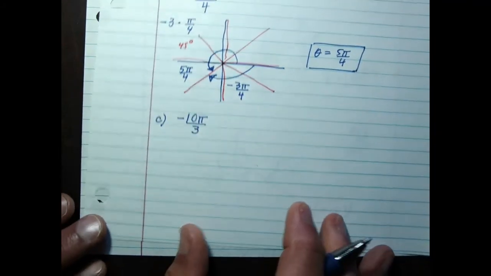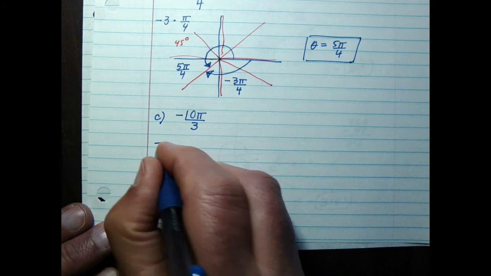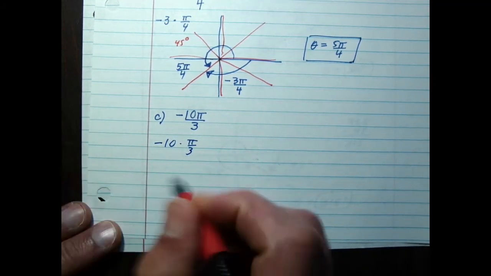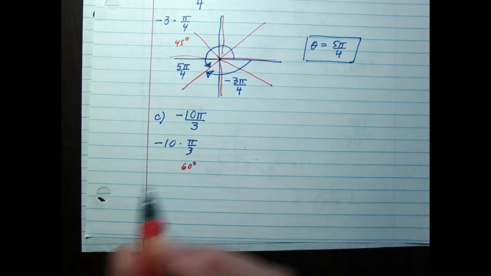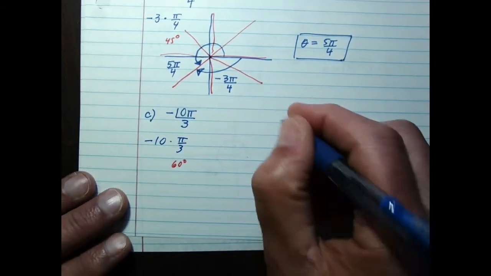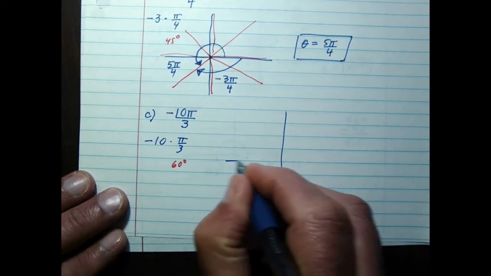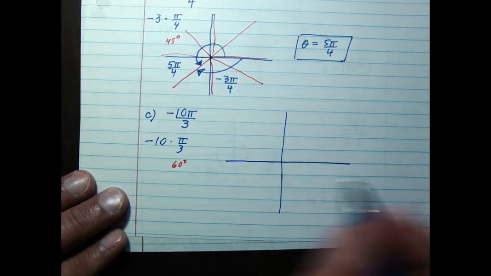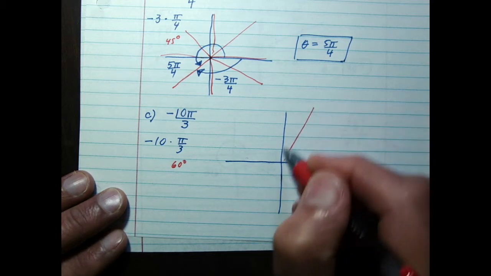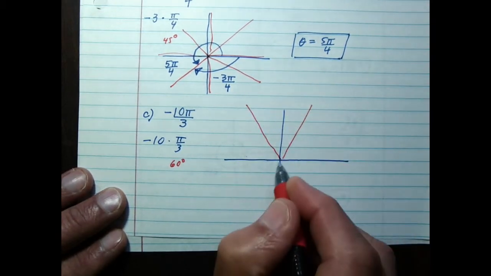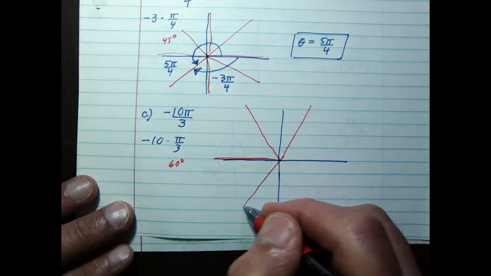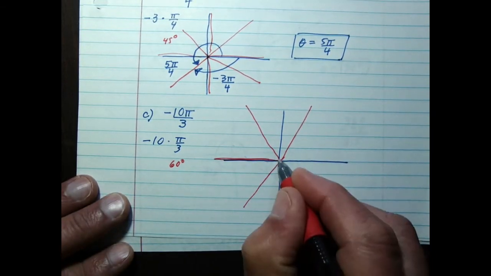Negative 10 pi over 3, that's negative 10 times pi over 3. Pi over 3 is 60 degrees. 60 degrees is always a little trickier to work with, because it's like 60, 120, 180, the next multiple, the next multiple, the next multiple.